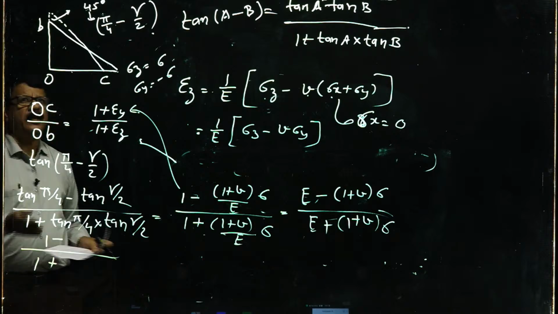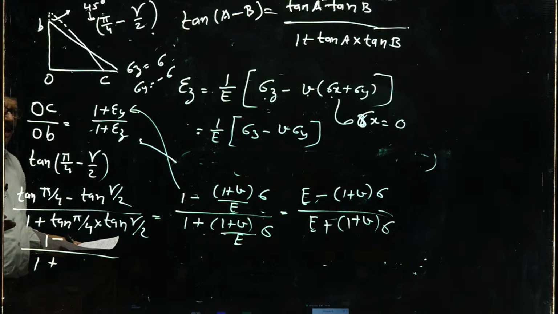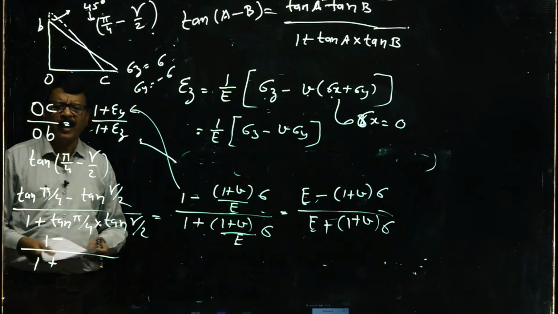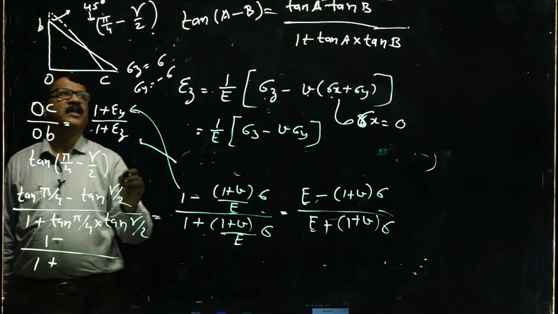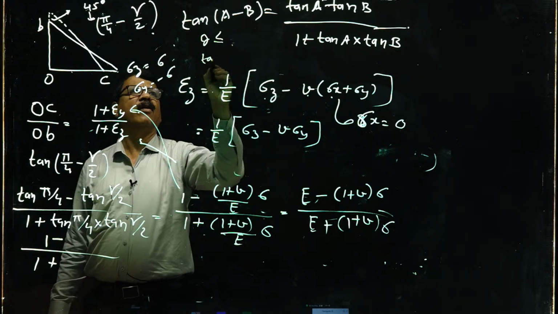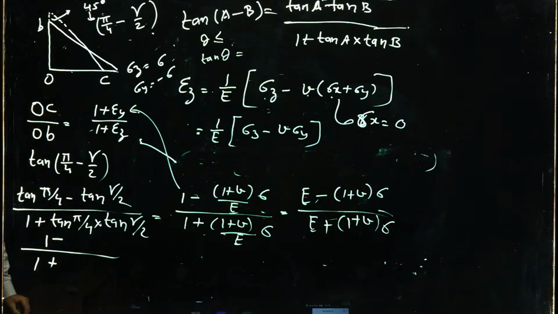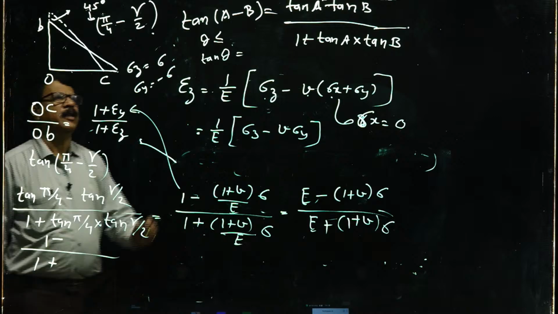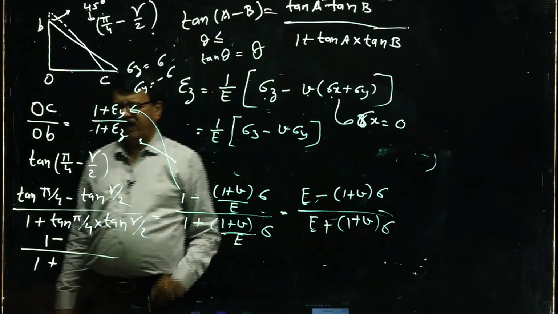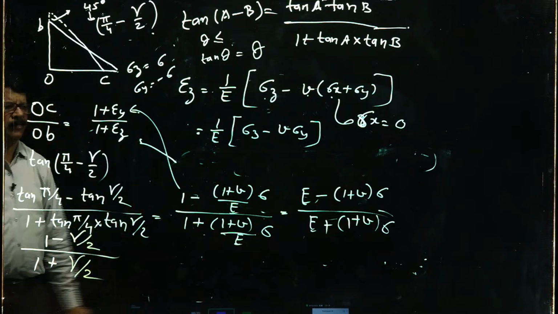If the angle is very, very small, because we are unable to see the deformation with the naked eyes, it is just very small, so tan theta is equal to theta. So here it is lambda upon 2.